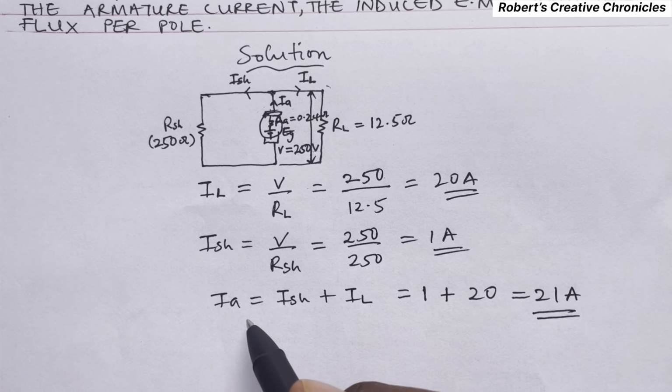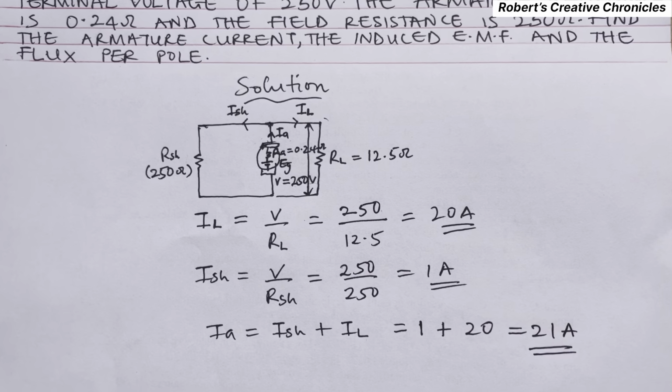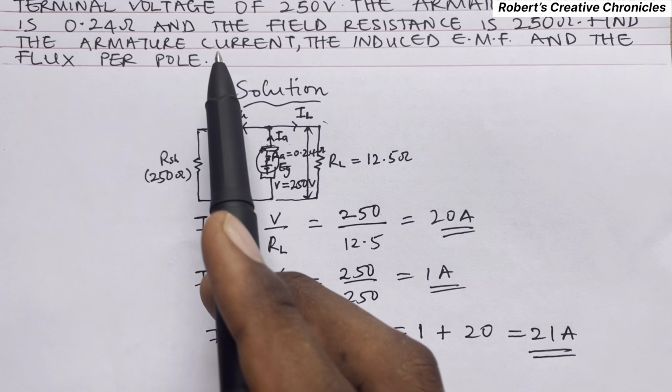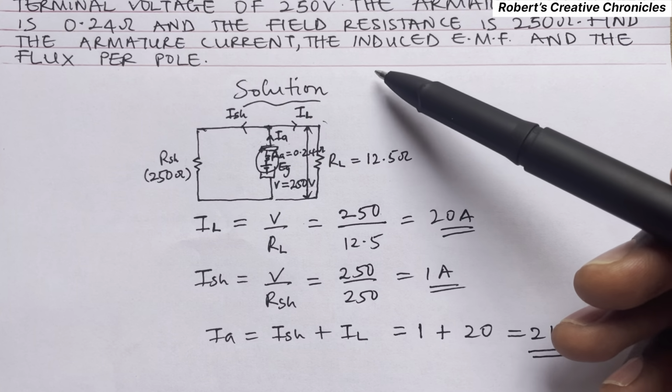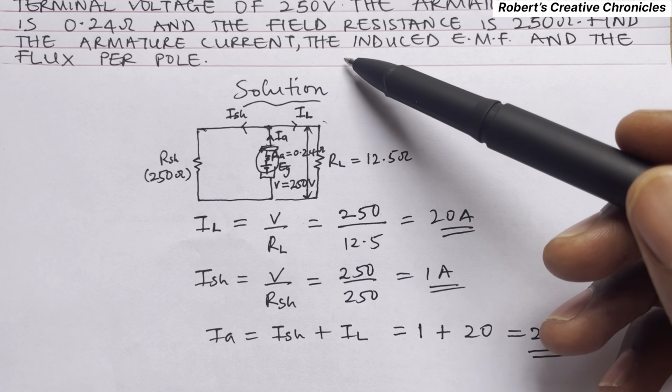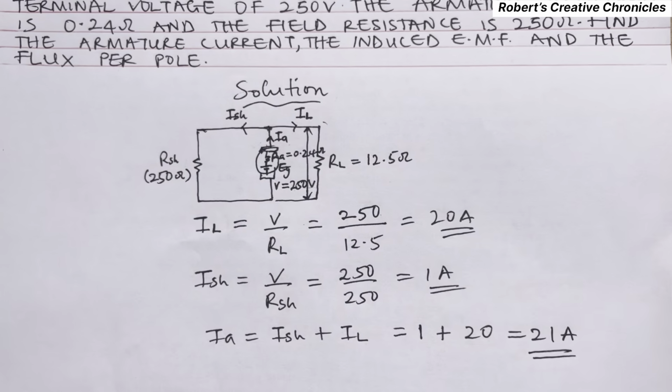So now we have found the armature current, which is the first solution required here. What remains is to find the induced EMF and the flux per pole.